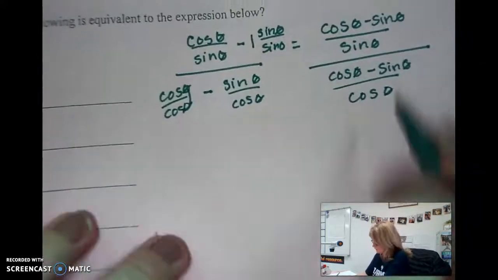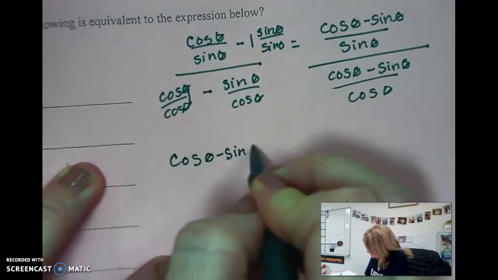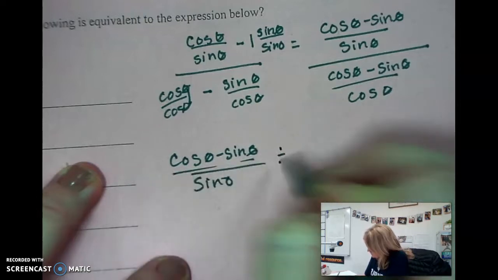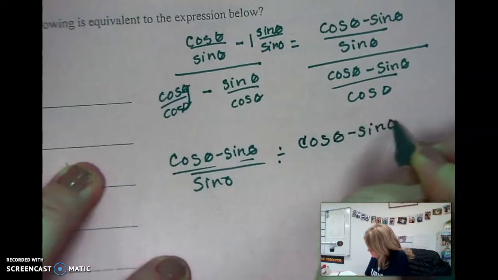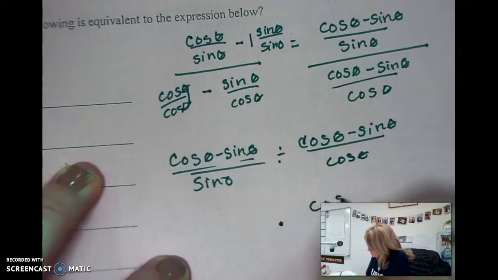Now, again, I like to write these out the old-fashioned way. So we have the cosine of theta minus sine of theta divided by the sine of theta, divided by all of this. And then remember, when you're dividing by fractions, it's the same as multiplying by the reciprocal.